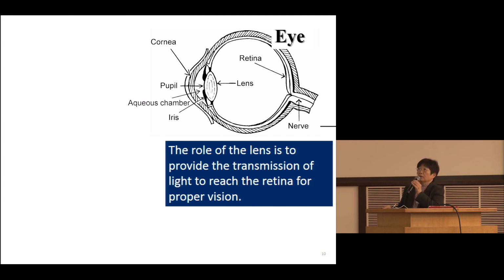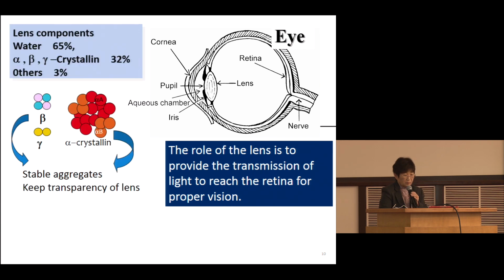This is the eyeball. Lens is located here. The role of the lens is to provide the transmission of light to the retina for proper vision. Lens composition is very simple: 65% water and 32% alpha, beta, gamma crystallins. Alpha crystallin is a huge aggregate composed of alpha A subunit and alpha B subunit with molecular mass of 20,000 Dalton.